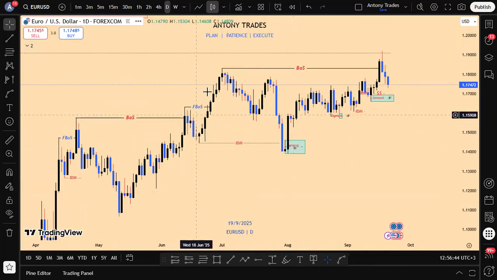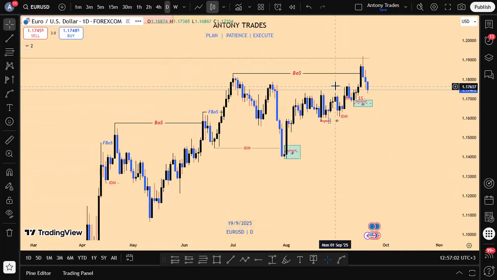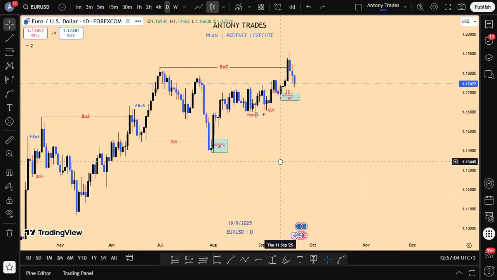On the 1 hour time frame, you can see very clearly, guys, we were anticipating for some time that this high would be taken out, and you can see very clearly this week the market cleared this high because we were very strong bullish to the upside.